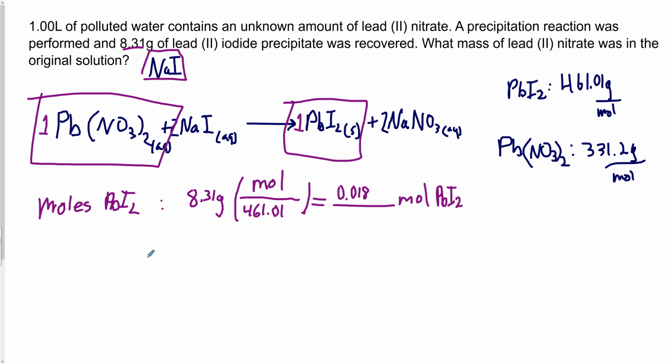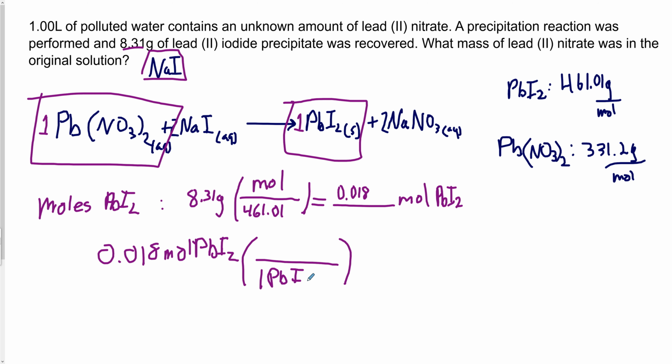So we have 0.018, and that's moles of PbI2. We use the mole ratio. We want to cancel out PbI2, so we put it on the bottom. We're bringing in Pb(NO3)2.